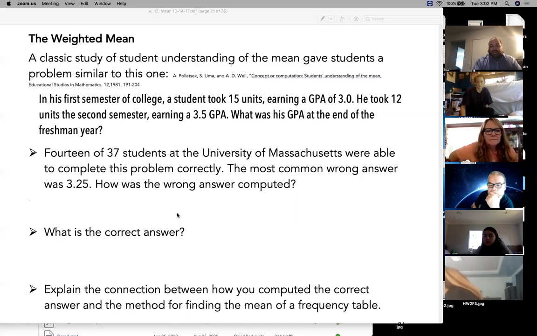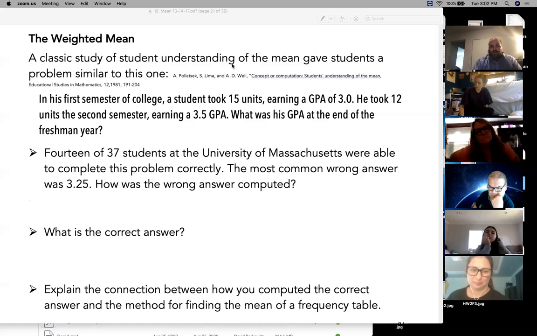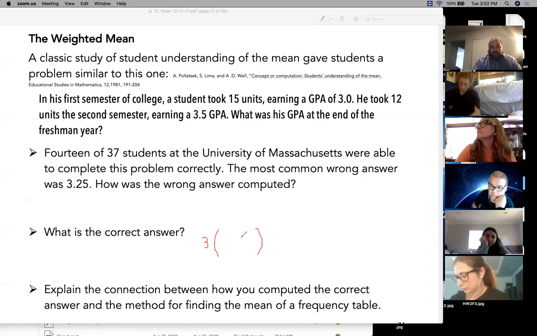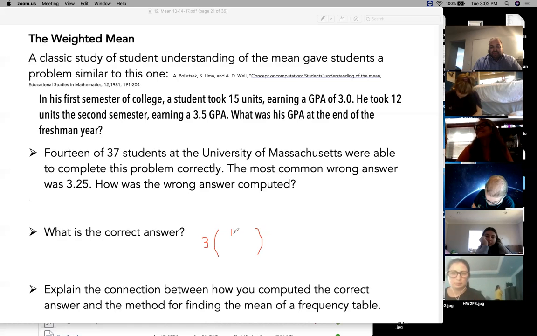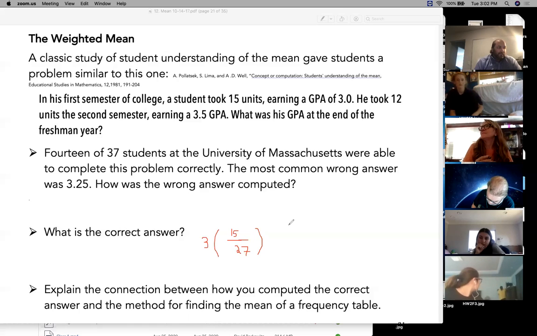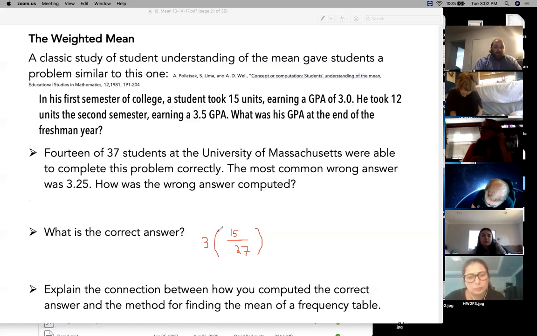So what is the correct answer? How do we do this? So the answer is as follows. You take each score, so we got a 3.0, and you multiply it by the percentage of units that the student had at that score. Out of the 27 units that the student took so far, 15 of them were at a 3.0.